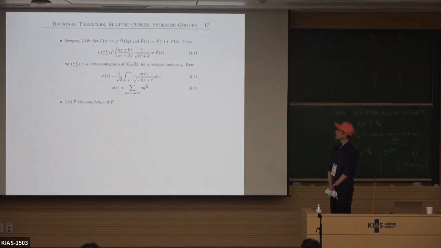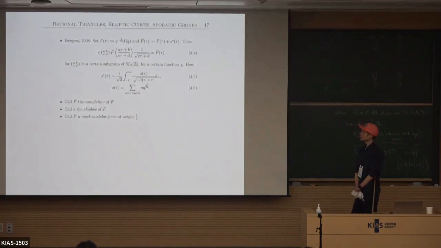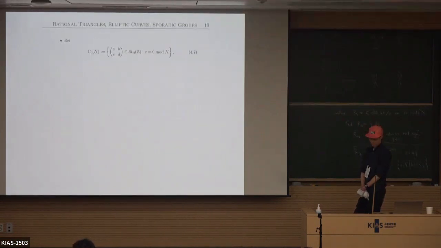So the jargon is that f hat is called the completion of f, and S is called the shadow of f. S is some actual modular form that encodes the failure of big F to be modular. We call big F a Mock modular form of weight 1/2. Okay, so that's how Mock modular forms work.